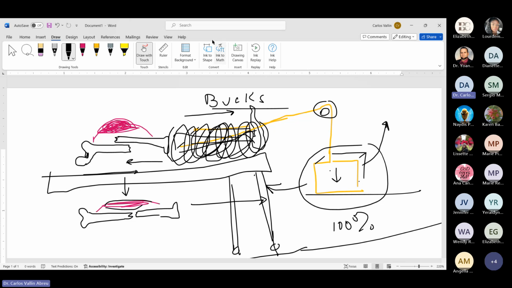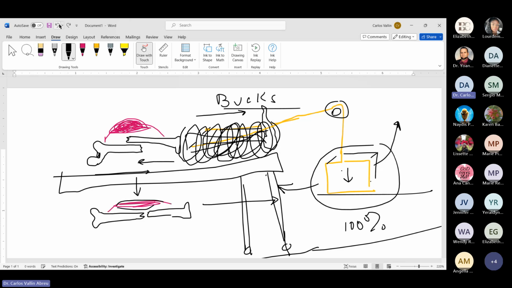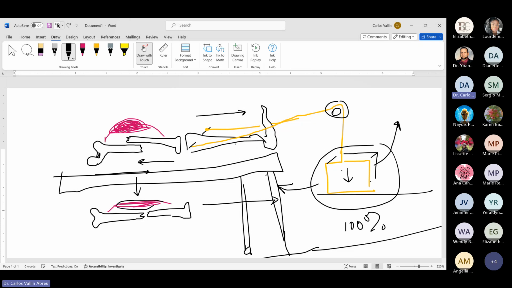When you have a traction, it's important to understand that you need to do a counter traction. So you have a force that is pulling in this direction. You need another force that keeps the client in this position to do the counter traction.